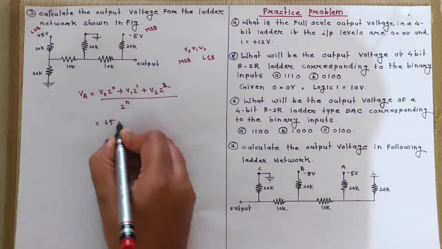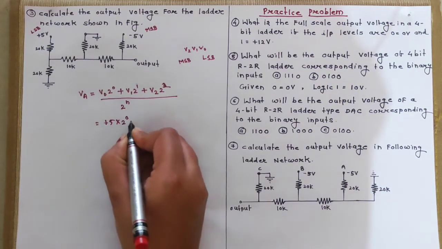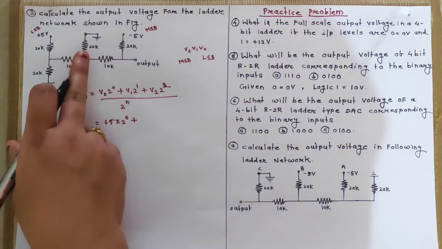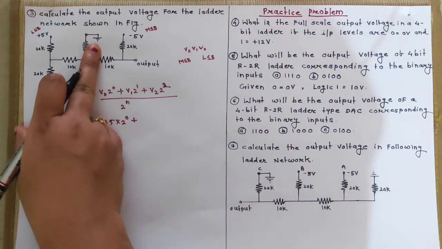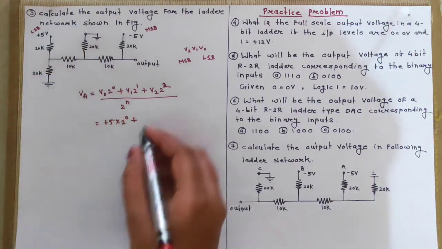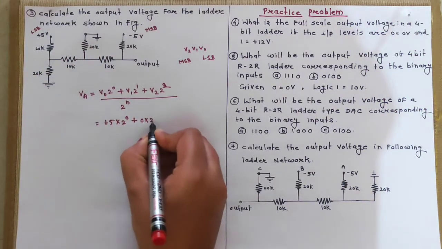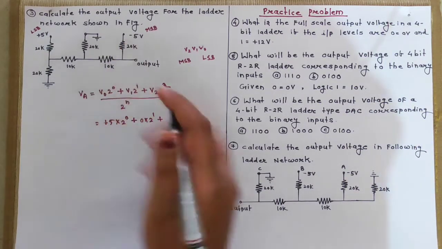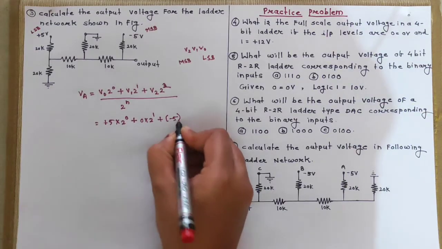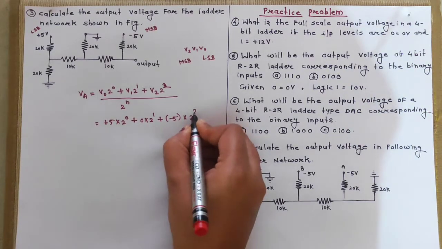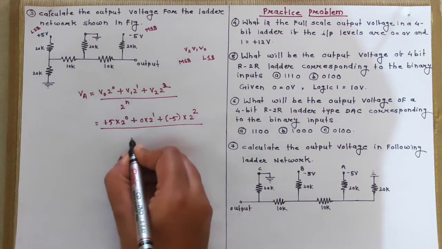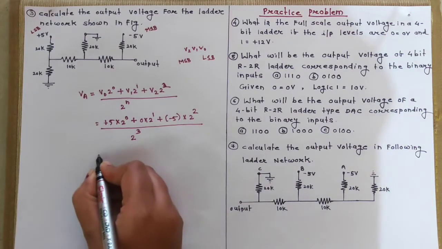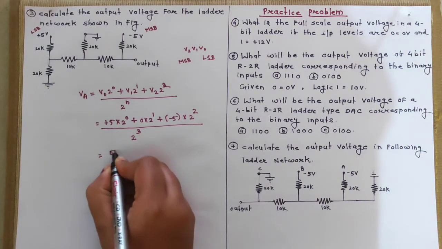So +5 volt into 2 raised to the power 0 plus आफ्टर V0 क्या आएगा, तो सेकेंड बीट आएगा। उसको आपने ग्राउंडेड किया है। ग्राउंड का मतलब 0। सो 0 into 2 raised to the power 1 plus the value of V2 is -5 volt. So -5 volt into 2 raised to the power 2। कितने बीट का क्वेश्चन है, तो 3 बीट का क्वेश्चन है। सो 2 raised to the power 3 because n is the number of bits.